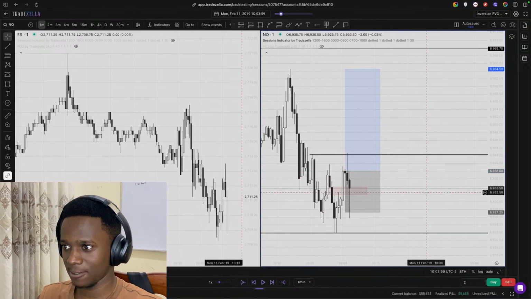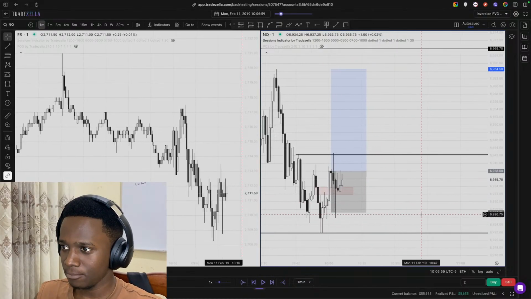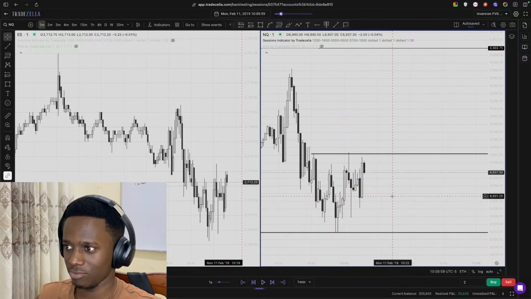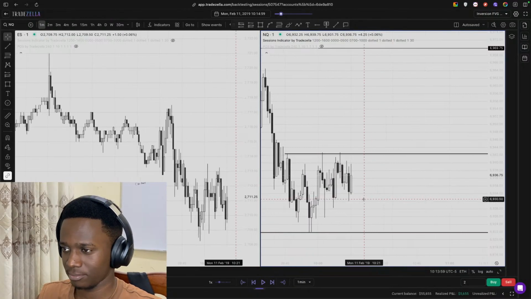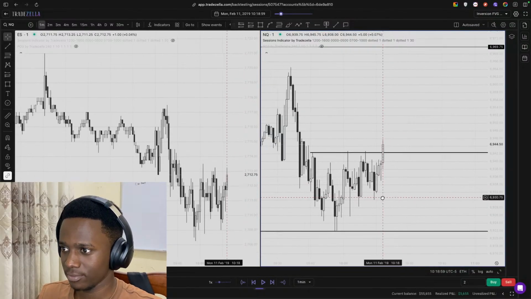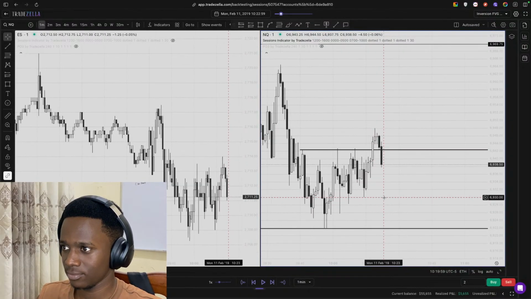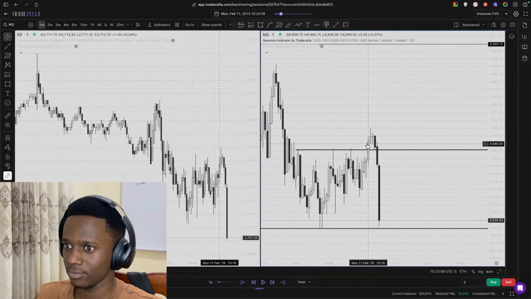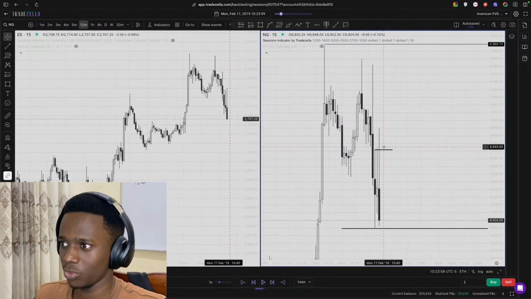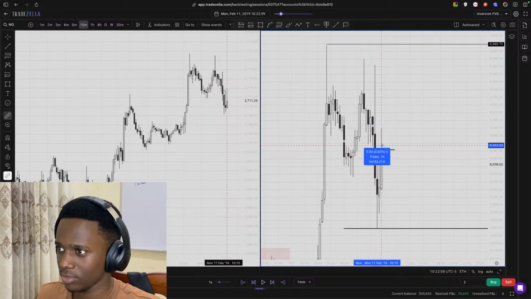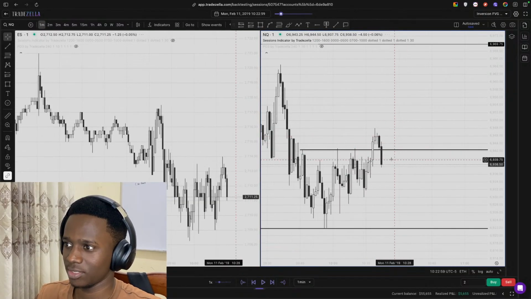As expected. Now I'm going to wait to see if it retraces into this 4-hour. So short opportunities at this 15-minute here. You can see this 15-minute here as it rejected. It created an inversion.